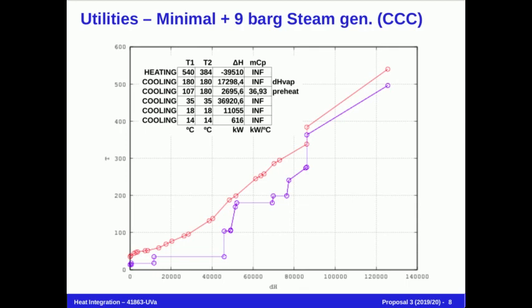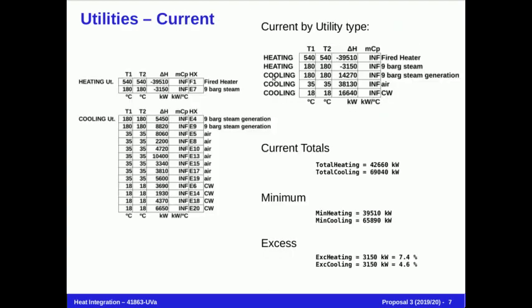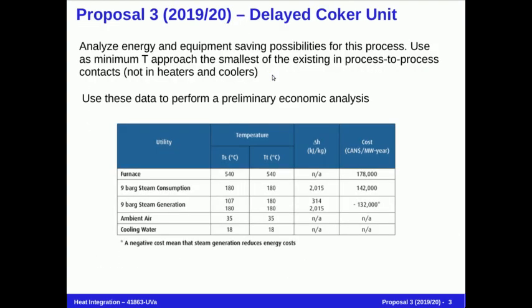Not using 9 bar G steam heating and trying to generate as much steam as possible. For this steam generator, I have used also the preheating part of the stream. How much preheating is needed for every kilogram per second of steam is in the economic data.